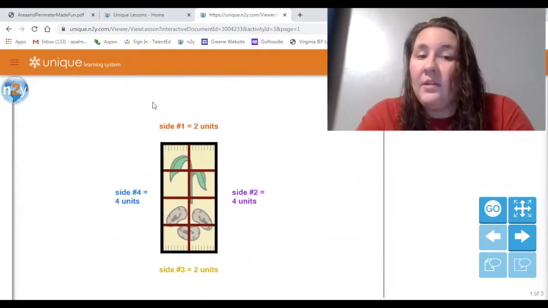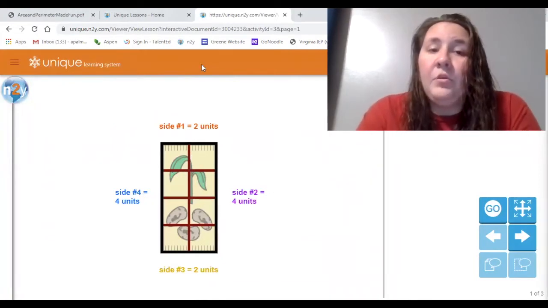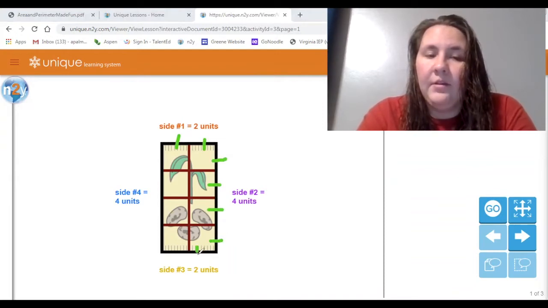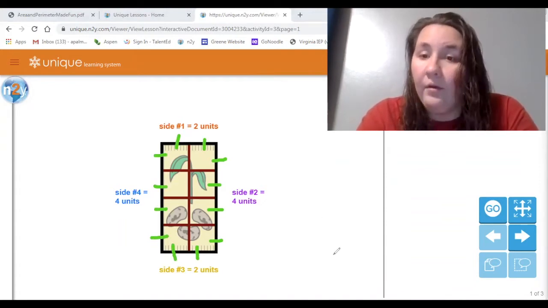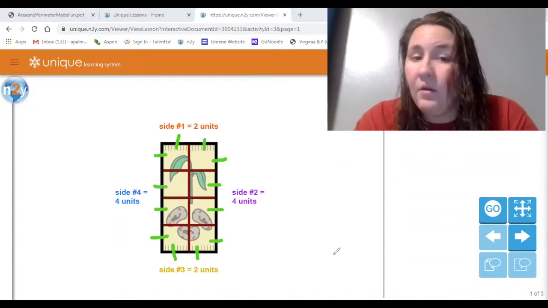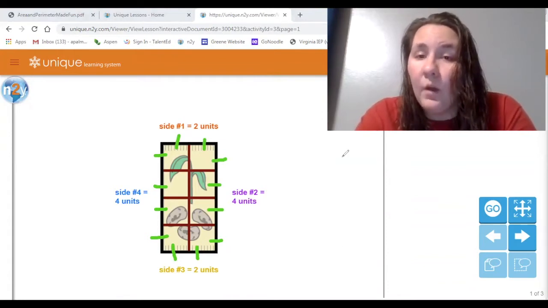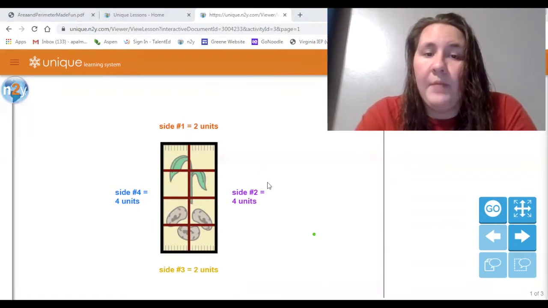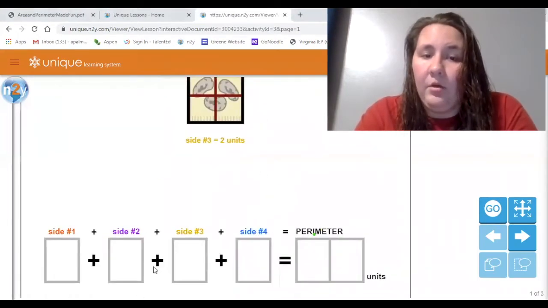And there's two ways that we could find it, okay? You could use your pencil and count all the way around. 1, 2, 3, 4, 5, 6, 7, 8, 9, 10, 11, and 12, okay? You could do that and count all the way around and get 12 units, or you can use your math sentence to add up all of your sides.